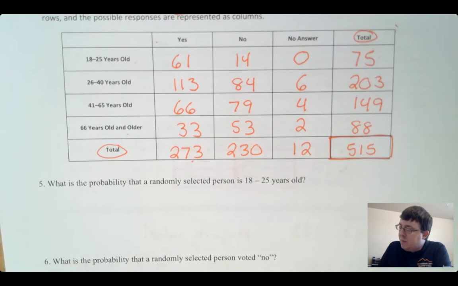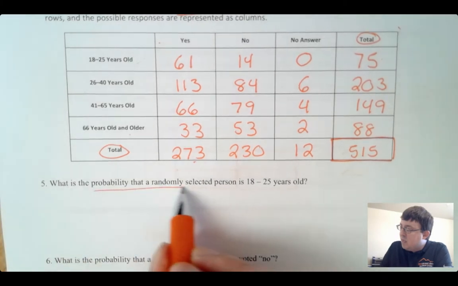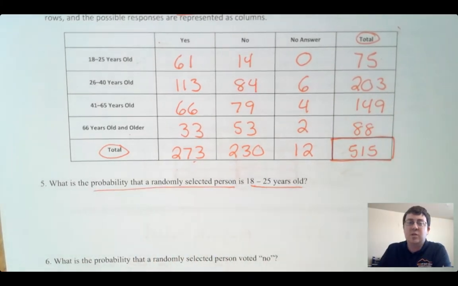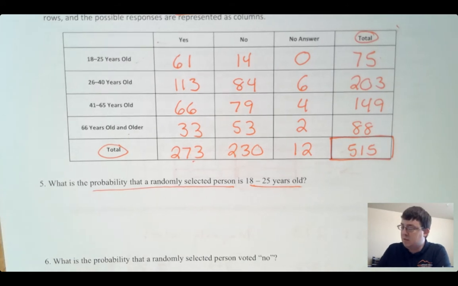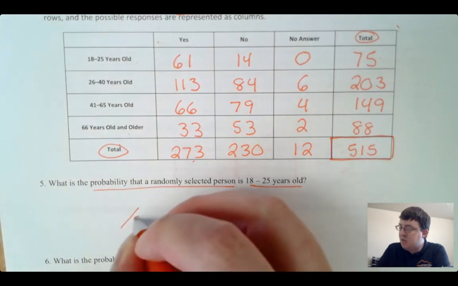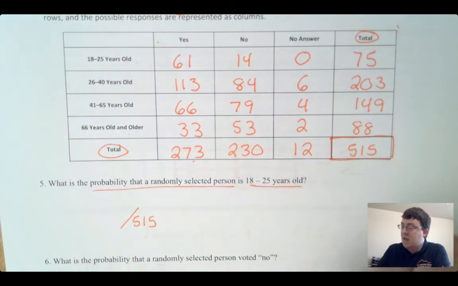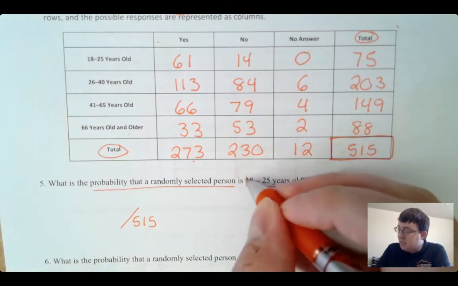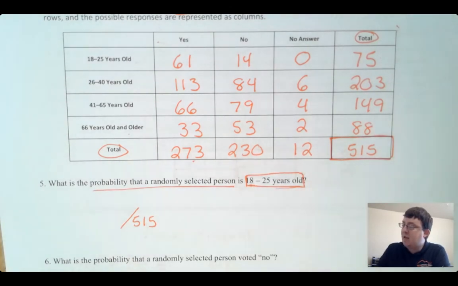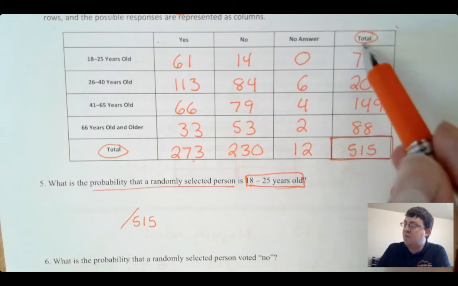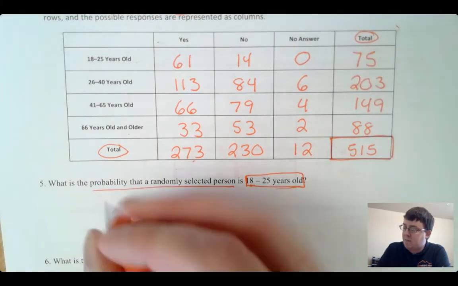So what's the probability that a randomly selected person is in this age group? I'm randomly selecting someone from all of the samples. So there's 515 total people I could choose from. But I just want to choose the 18 to 25-year-old people. And I can find that right here. The total 18 to 25-year-old people, there's 75 of them.